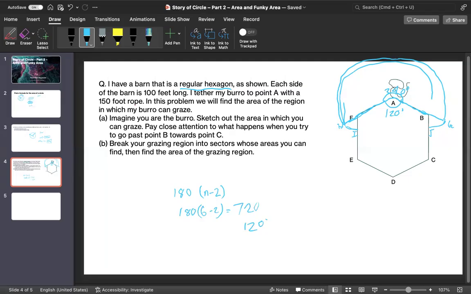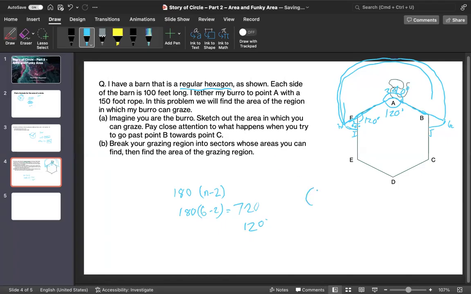So let's find HFI and JBG first. We're gonna start off easy and go on to the next part. We have 120, right? Which means this part must be 60 degrees, which gives us that this is 1/6 of a full circle.